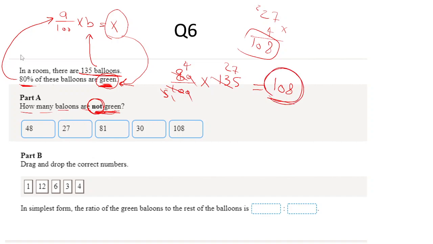So this number is the green balloons: 80% of the 135 balloons are green, which is 108.